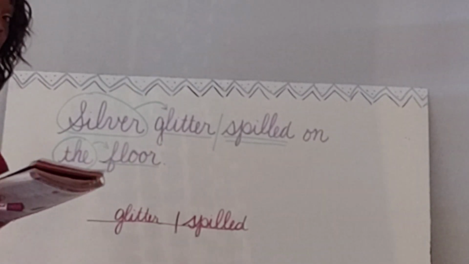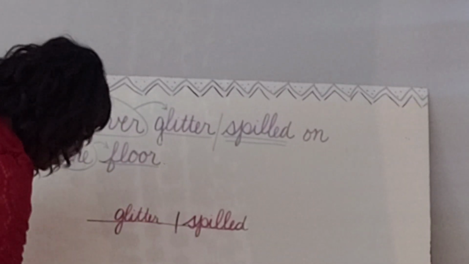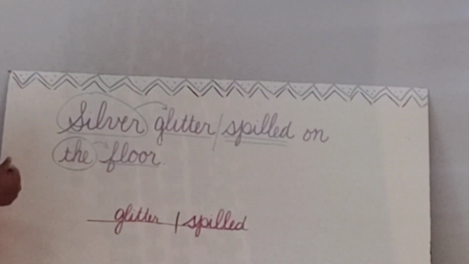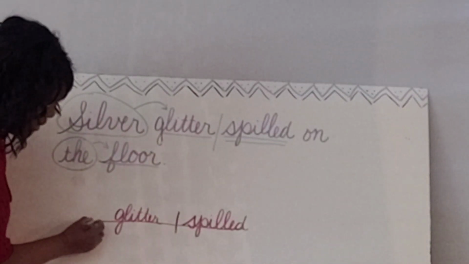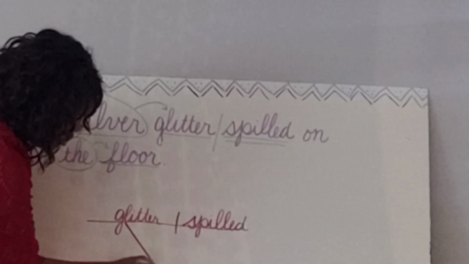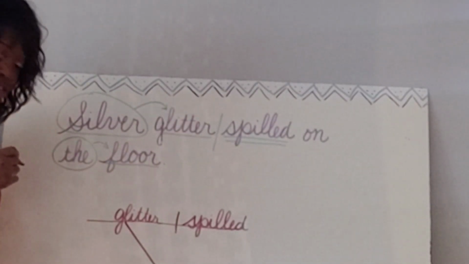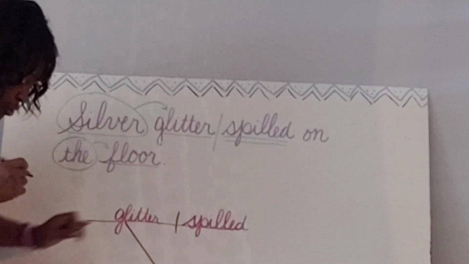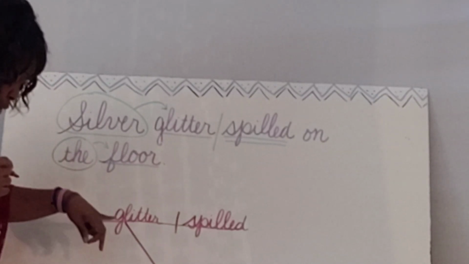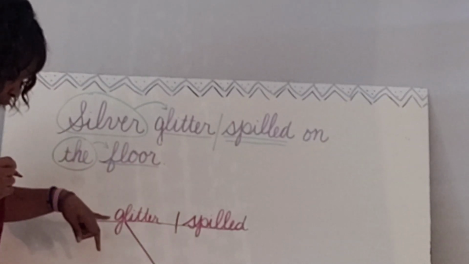So to show that silver is describing the noun glitter, you're going to draw a slanted line right underneath the word glitter, because it's describing that noun.